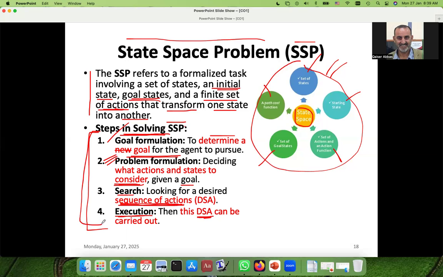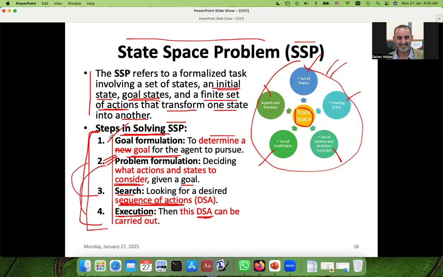Here the order is good, but if you write this search here and this here, no issue, because this is not an algorithm. Here we are saying that you have to consider these 4 steps, okay? The order which is given here is okay, no issue with that. But if you change it, okay, no problem.